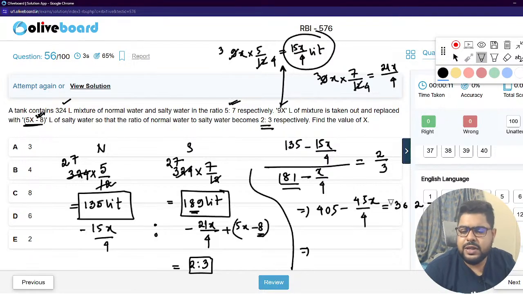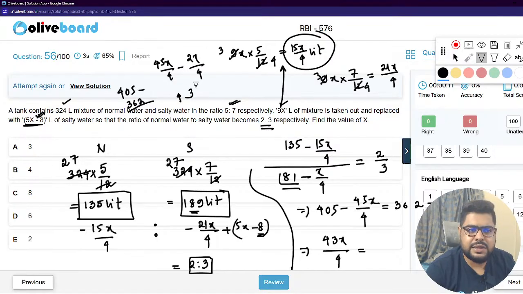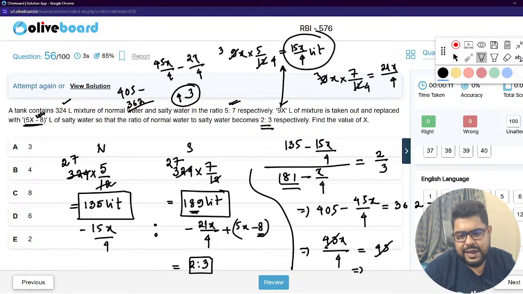From there it will go to that side: 45x by 4 minus 2x by 4 means 43x divided by 4, equal to 405 minus 362, which is 43. 43 cancels, so x is equal to 4.